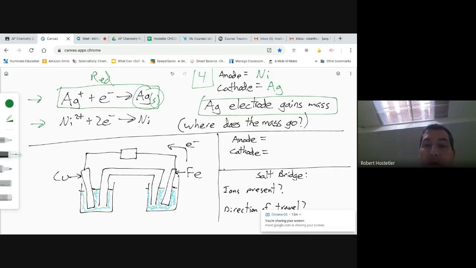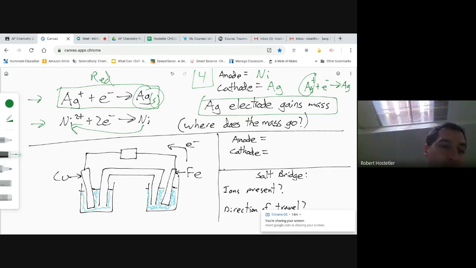Remember, the mass comes from the ions in solution, and they gain an electron to turn into the solid. So you want to say the silver ion in solution is where the mass comes from. If you're talking about the anode losing mass, then you just say it goes into the solution as nickel ion. Don't talk about electrons. Don't talk about the salt bridge. They'll just laugh at you and give you no points.